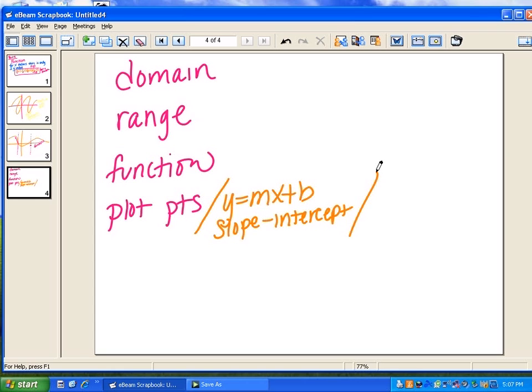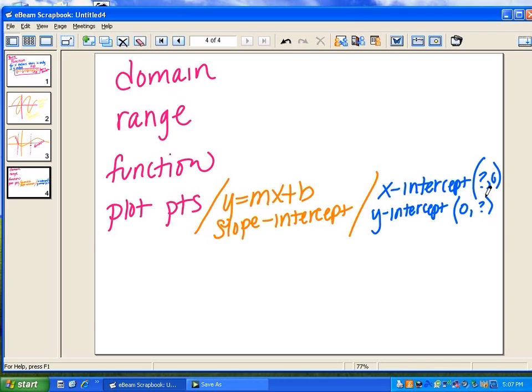And the other way that we could do it was we could use our x-intercept. So that meant when y was 0, you're solving for x. And you could use your y-intercept. If you have 2 intercepts, then you can graph. And the y-intercept is when x is 0 and you're solving for y.